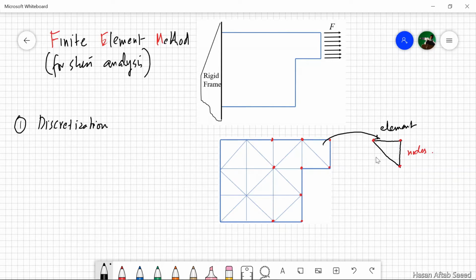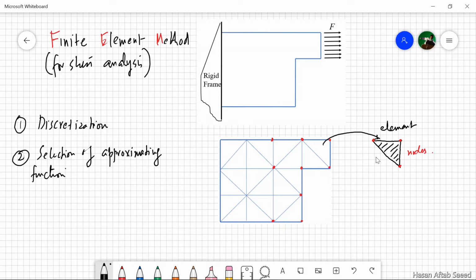Now, this step is called selection of approximating function. Now, this approximating function is valid for this whole element, for one element, as well as for all other elements.